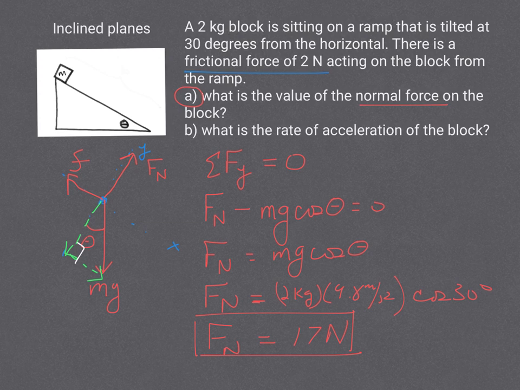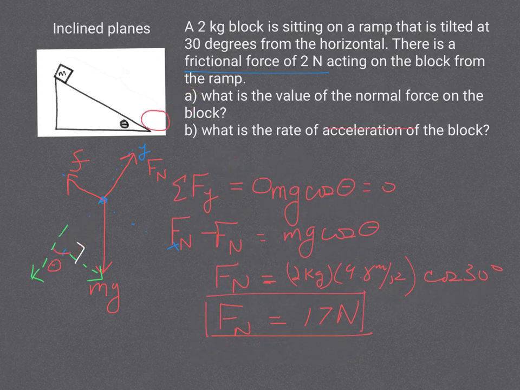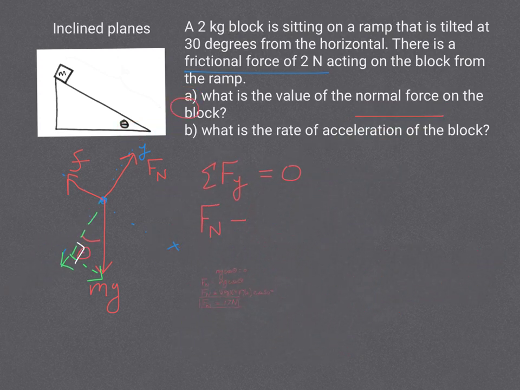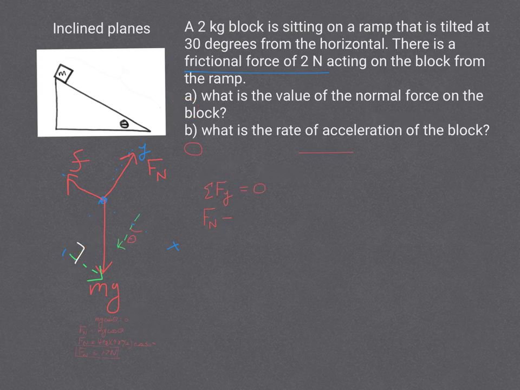Okay, the next part is to solve for the acceleration. So I'm going to get this stuff out of here. Probably going to mess up my diagram. Nope. All right. So now let's sum up the forces in the x, and we know it is going to accelerate down the ramp. All right, we have 2 forces left and right. We have the x component of gravity, it's still there.